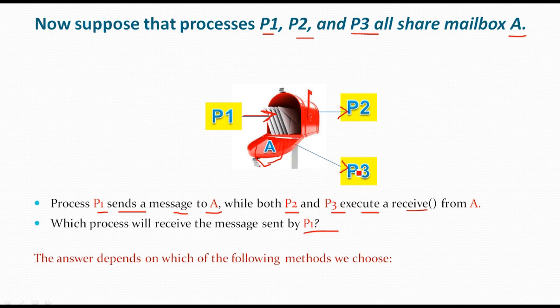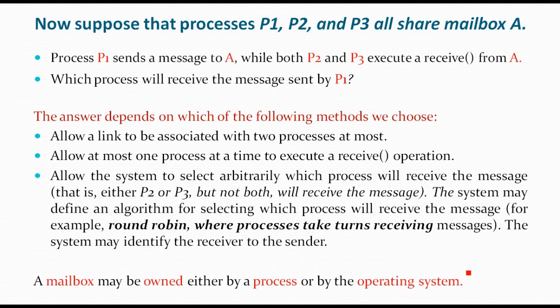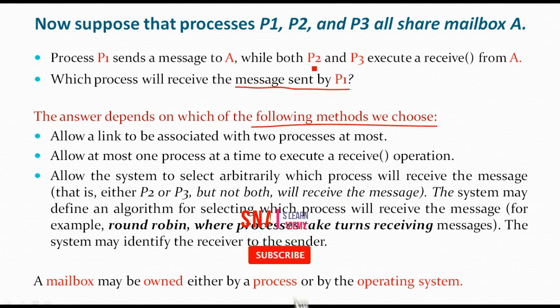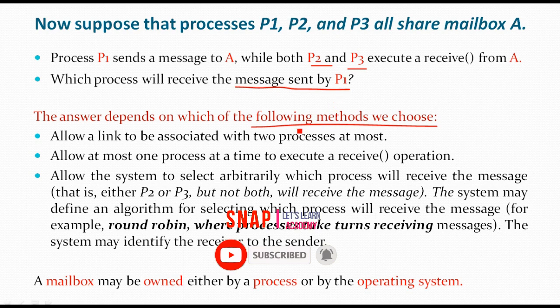The answer depends on which method we choose to resolve this problem. If the message is sent by P1, either P2 or P3 will receive it, or both will receive it. So we have some methods by which we can answer this question.